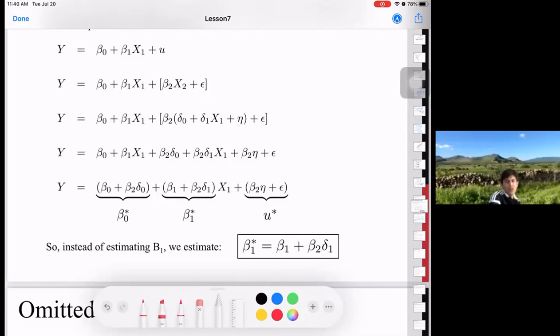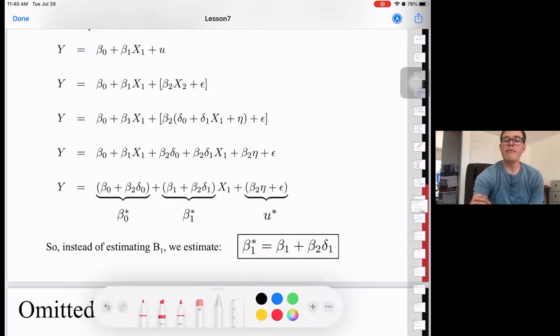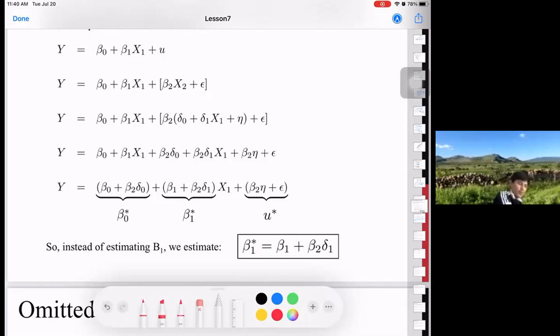Yeah. So you said when it's equal to 0, that's when the B star 1 is equal to B1, right? That's the only condition, right? Yep. So if either beta 2 is 0 or delta 1 is 0, then the beta you estimate is the true beta. Okay. For sure. Thank you. Yeah, my pleasure. That's a great question.